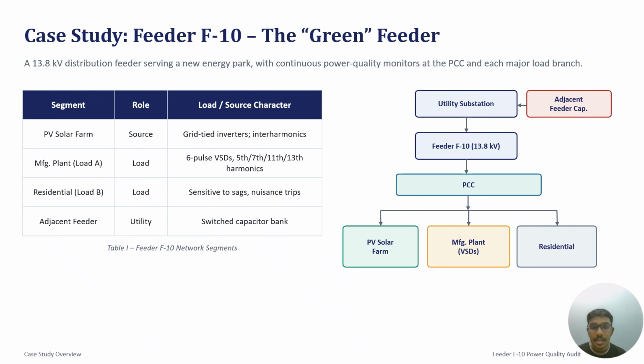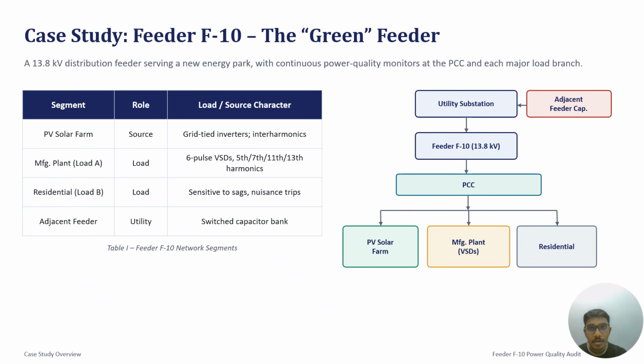Our case study is feeder F10, a 13.8 kV distribution feeder serving a new park, instrumented with continuous power quality monitors at the point of common coupling and at each major load branch. As shown in Table 1, the feeder has four key segments. The PV solar farm is a grid-tied inverter source that introduces interharmonics.